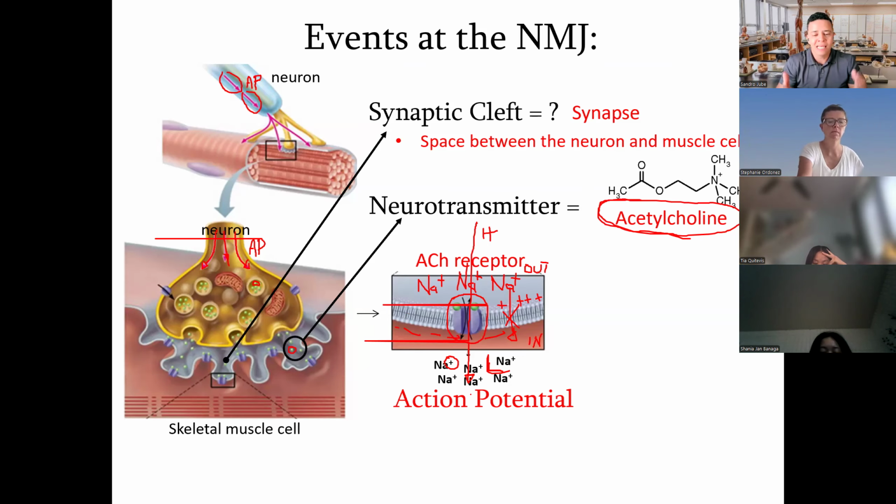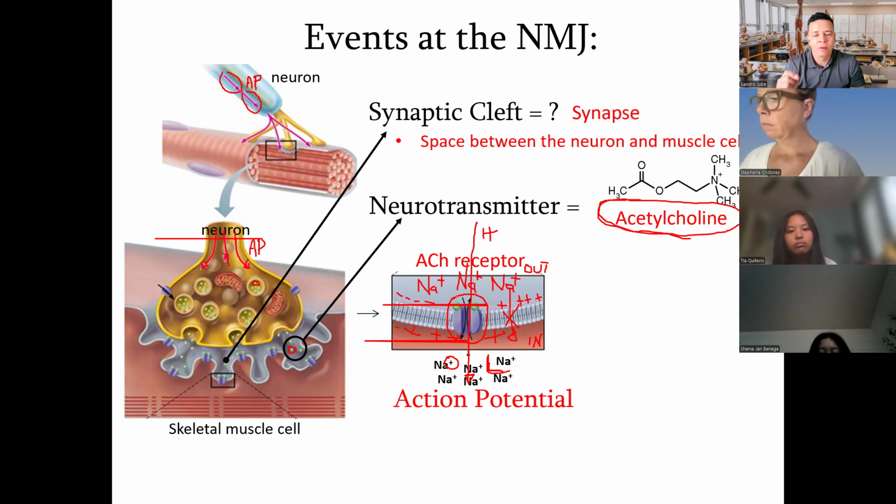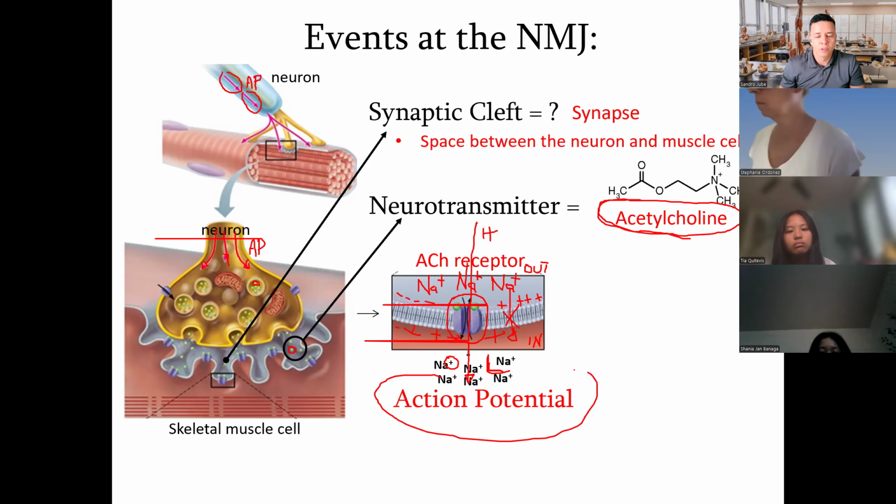When the sodium goes in, inside of the cell becomes slightly positive, and outside of the cell becomes slightly negative. And that change in membrane polarity, guys, that leads to an electrical impulse called action potential.